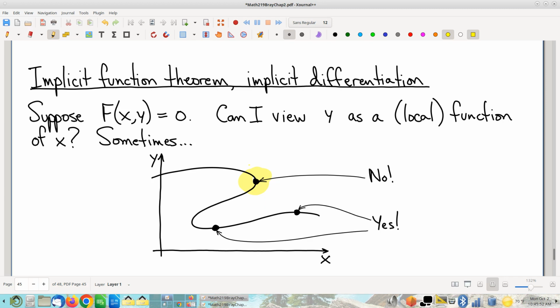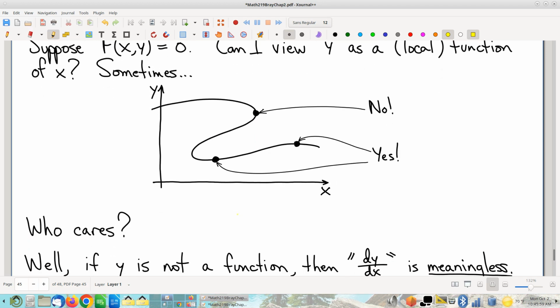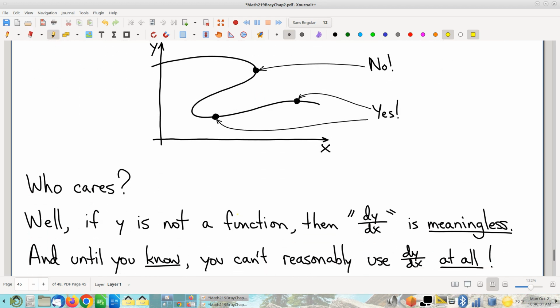Yeah, right. Okay. So now, next question, important question: who cares? And a lot of people would say, yeah, who cares? What's the big deal here? The big deal is, typically, in a case like, let me go back to the highlighter. If you're talking about a point like this, if you can locally talk about y as being a function of x, then you can talk about the slope of the tangent line.